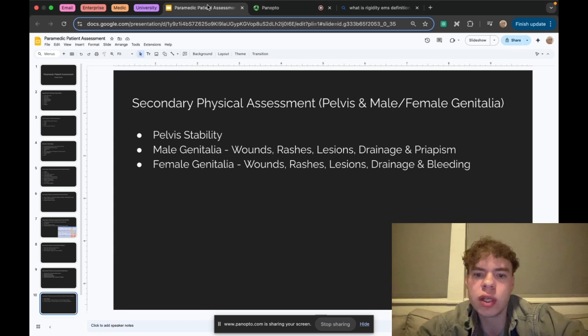And then for female genitalia, same thing: wounds, rashes, lesions, drainage, and if they're of childbearing age, you want to ask about bleeding too, right? Because, for example, I did a call literally last week where it was a 23-year-old female, and she had been bleeding for like 4 weeks straight in that area, and depending upon if something's going down there, you could bleed out.